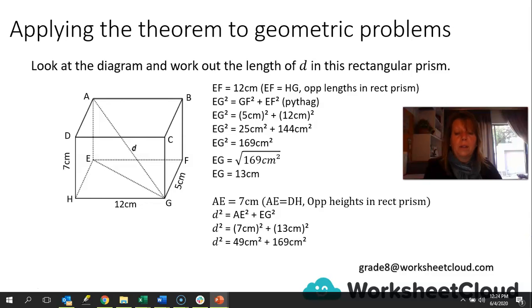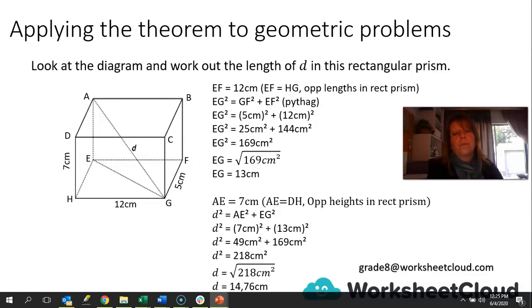We're going to add those two together and we end up with 218 centimeters squared. But remember, we can't leave it like that, so we need to square root the 218 and we end up with 14,76 centimeters. So D is 14,76 centimeters.